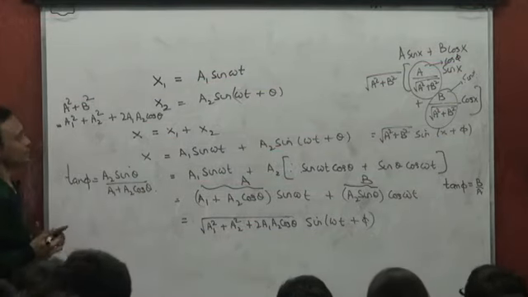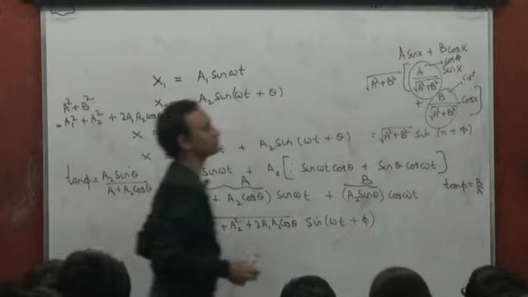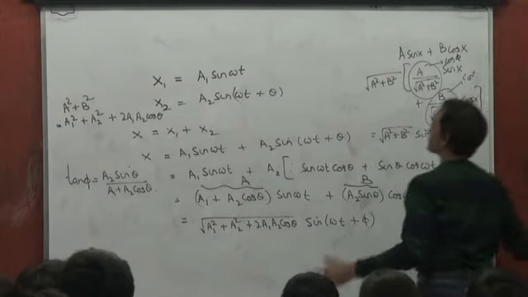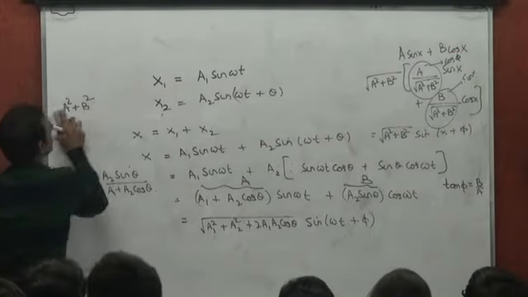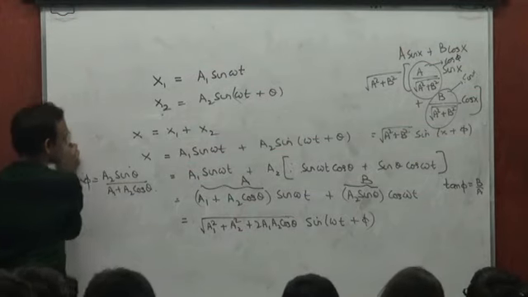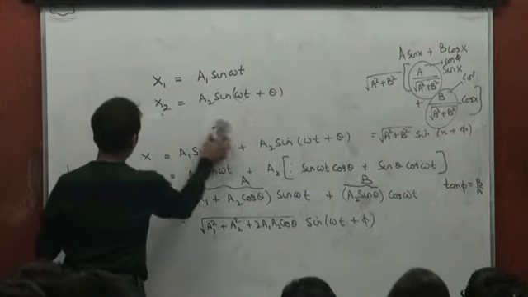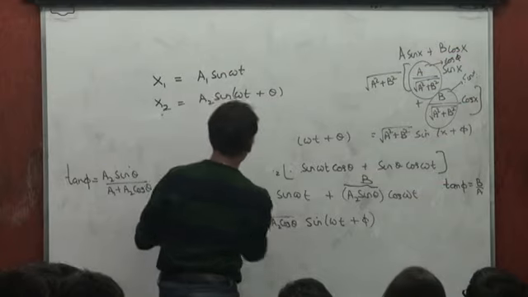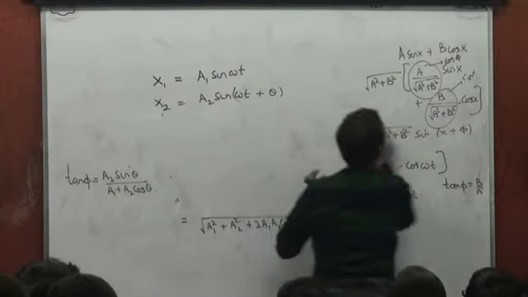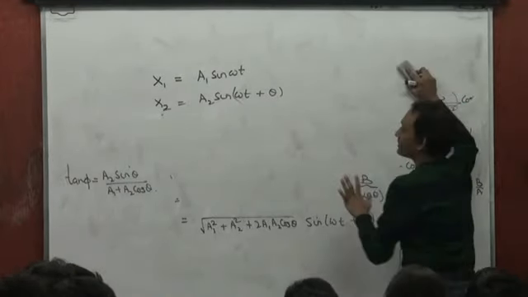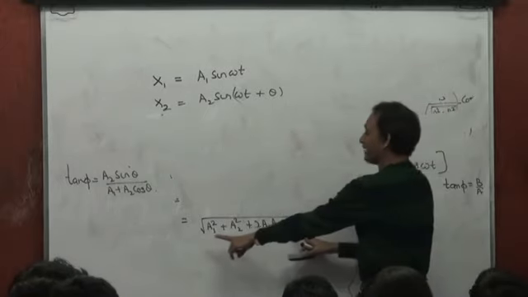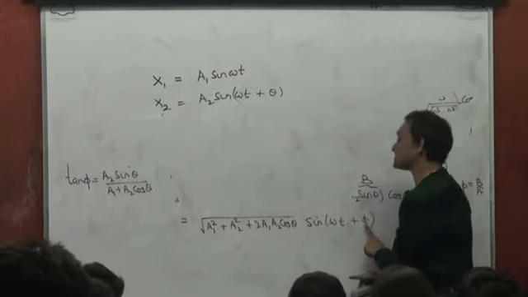Right? Now, the way to interpret this is as follows. Eventually, the resulting motion would have this as its amplitude and this as its phase.